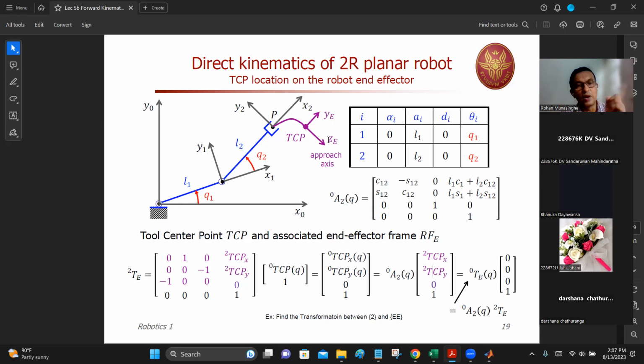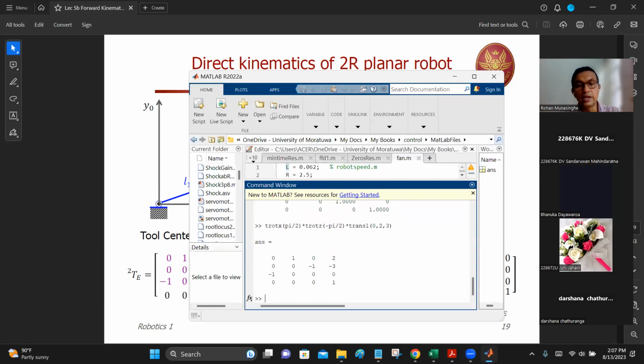Y2 is this way, Z is that way, but it's the same direction. So your displacement of whatever number of centimeters along ZE direction is now recorded as a negative deflection along y2. So that's why you got this negative 3 here. This is y-axis of frame 2.